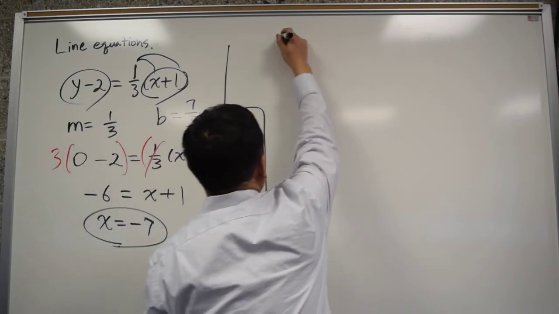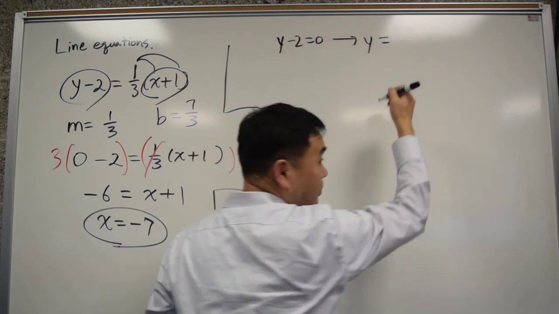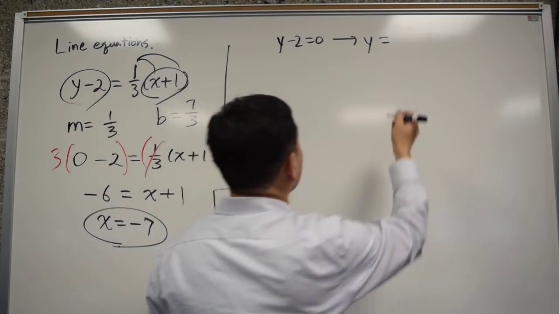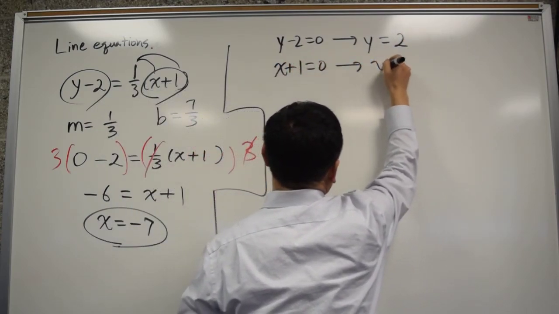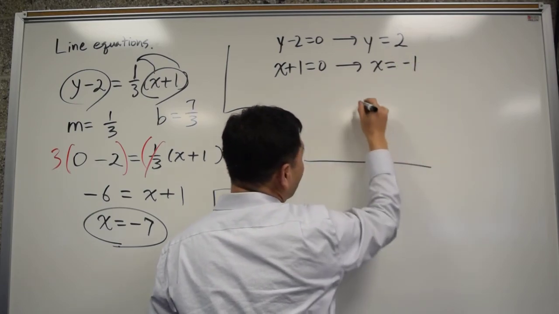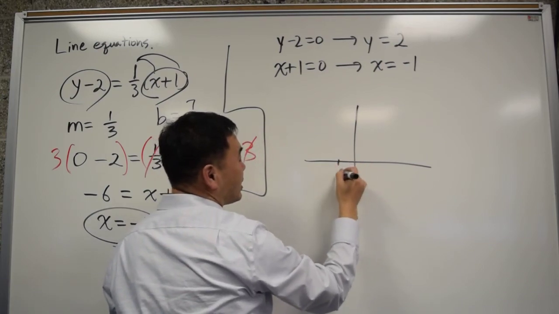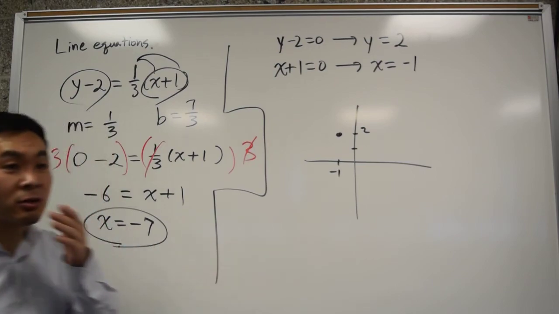So let's try that. y minus 2 equals 0 gives you y equals 2. And then x plus 1 equals 0 gives you x equals -1. Therefore, we know that the graph passes through (-1, 2), right here. That's a point on the graph.